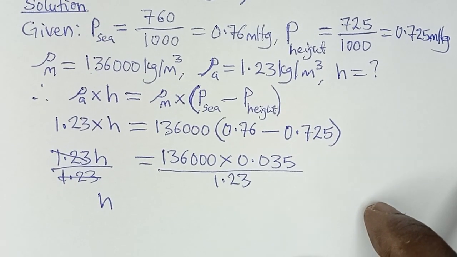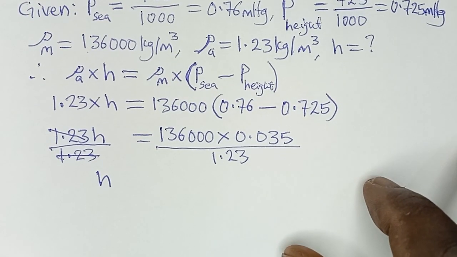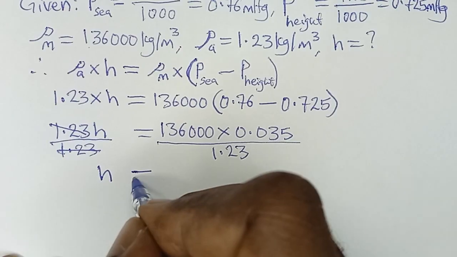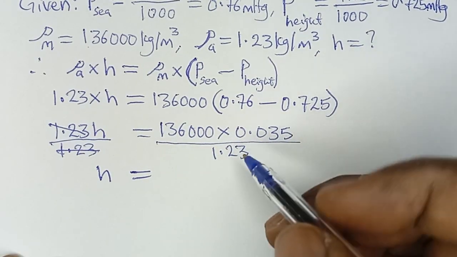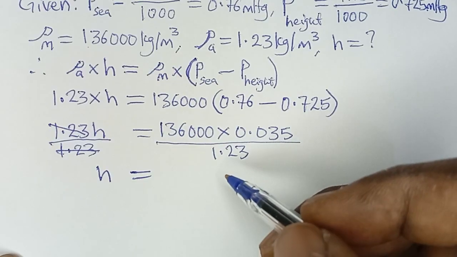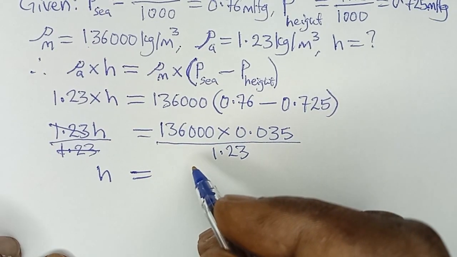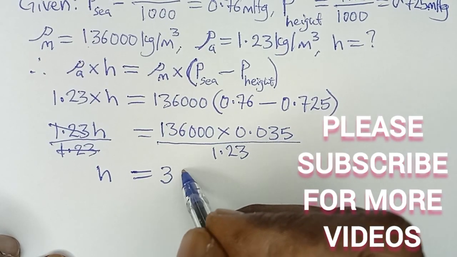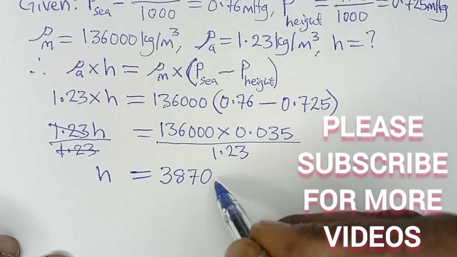Then on the other side, 136,000 multiplied by 0.035 and then divided by 1.23 will give me the height of the plane above the ground as 3,870 meters.